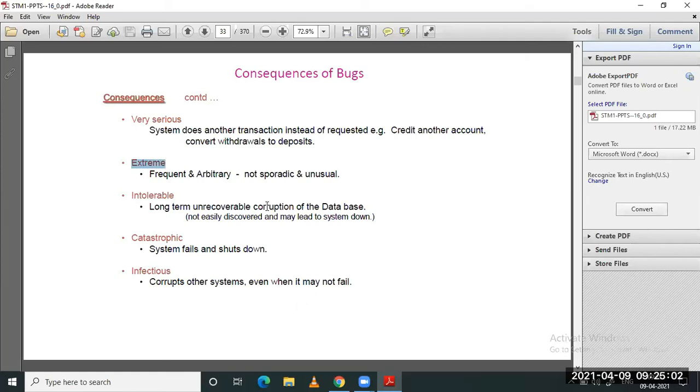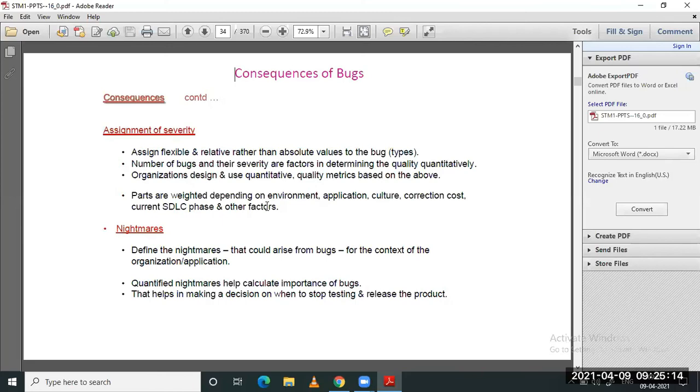Now you modify the program, and at that time you also find the cost. Since you are getting the bug, you can rework on that software, and you are going to find some nightmares.